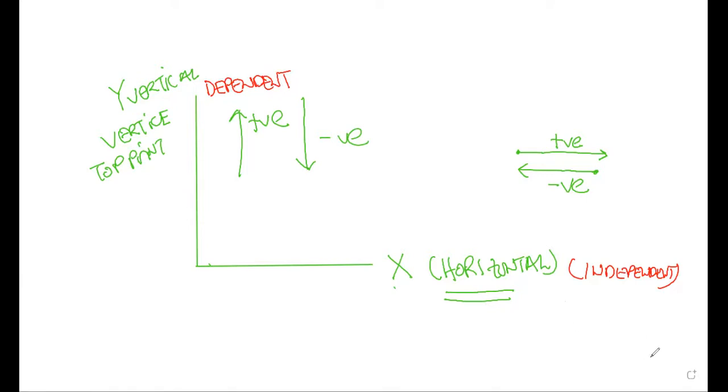There's no problem with this, right? We'll change this later on. But before that, what do we mean by independent and dependent? Y will be depending on X in terms of value.